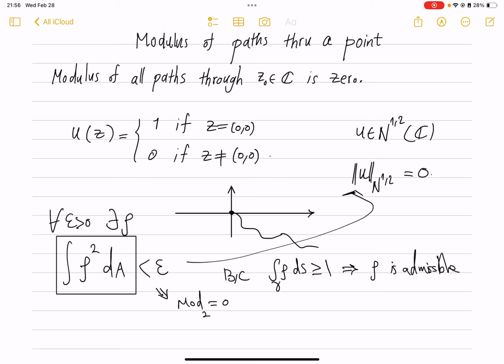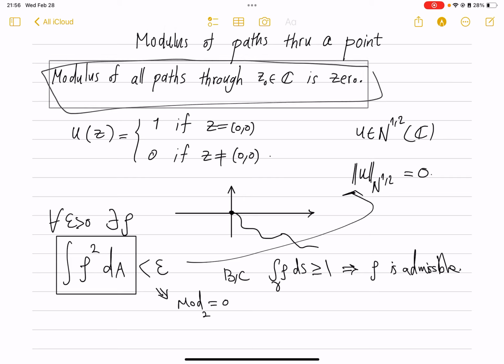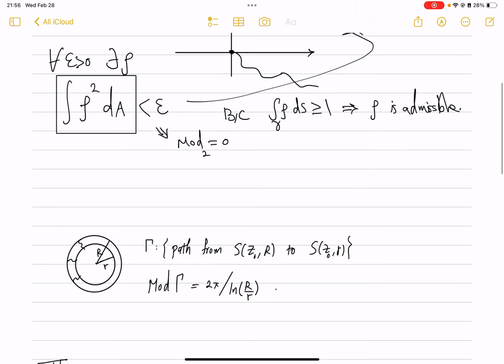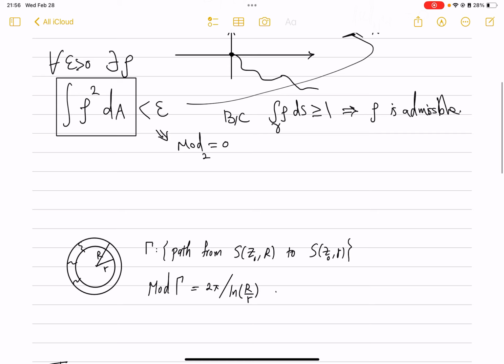And that's why we have already seen one proof of the claim that the modulus of paths through just one point is 0. In this video, I want to give you a different proof of this fact, which uses the idea that the modulus of annuli in the plane depends only on the ratio.